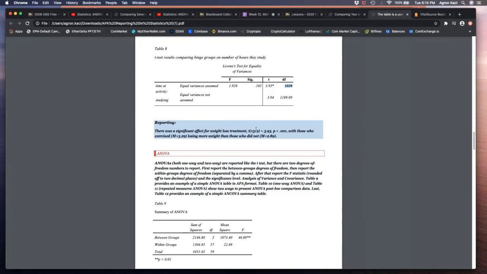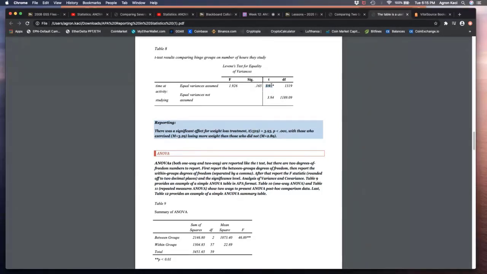And if it's significant, then you put the asterisk on the t-value that corresponds to the Levene's test of equal variances assumed or not assumed. That's what it means.